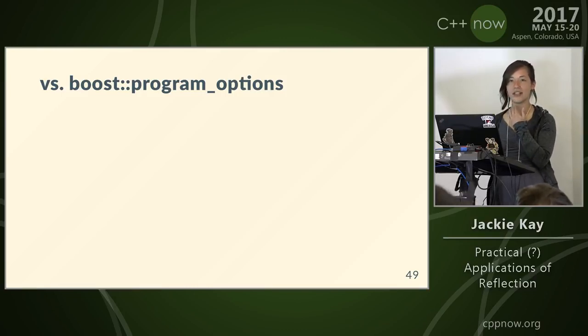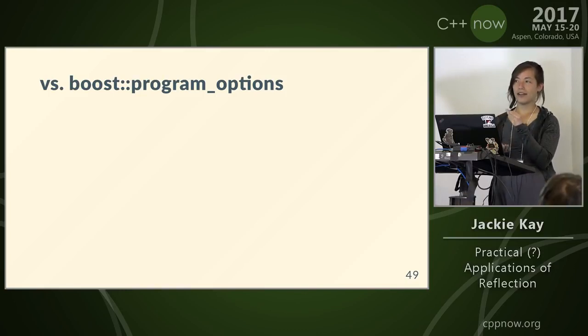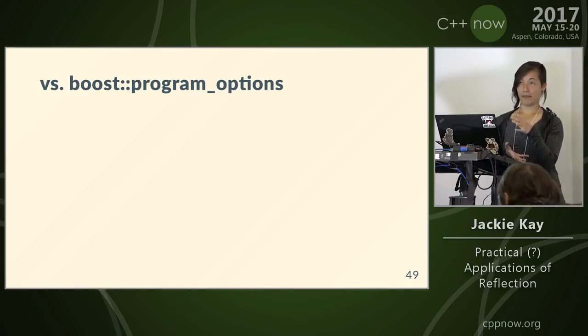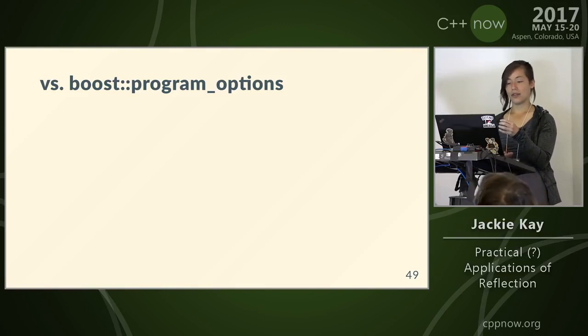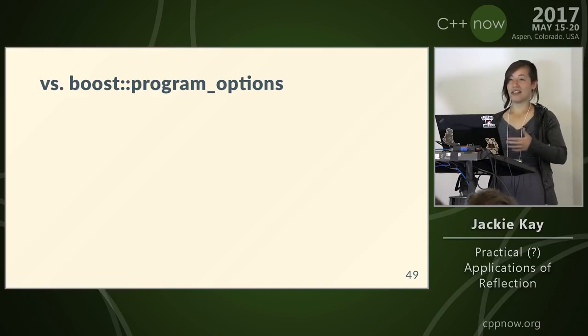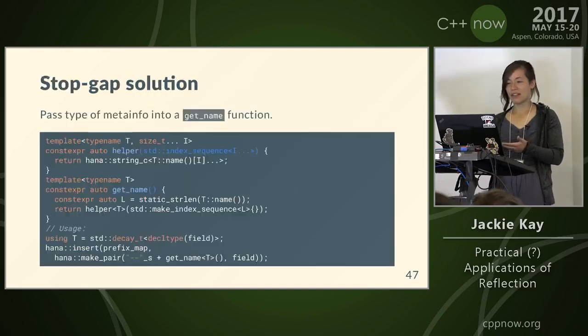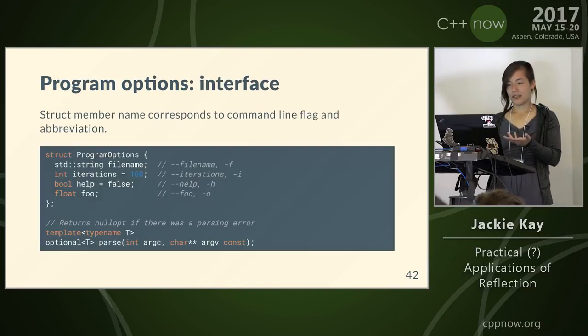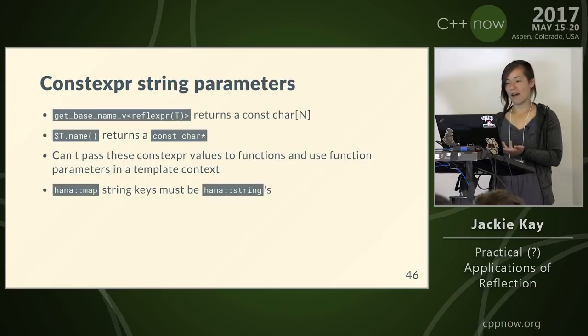Boost program options requires you to collect a variable map of options, and then after you parse argc and argv, you have to do an any cast to get your values out of the variable map. So the intuition, not having taken a close look at the implementation at all, is maybe this kind of strongly typed approach is going to be better in some way.